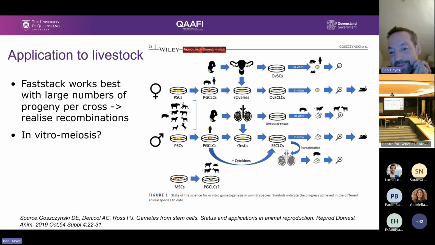It is possible to have 100 offspring per mating if you do multiple pickups from a heifer, for example. So that is possible. And there are technologies coming through like in vitro meiosis. So still speculation, but looking more and more possible as these advanced reproductive technologies come on stream.